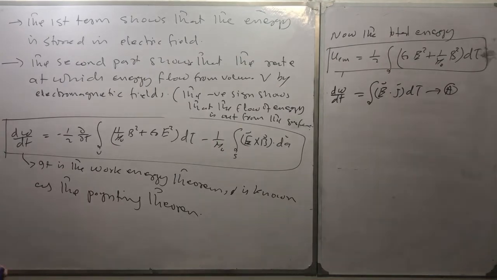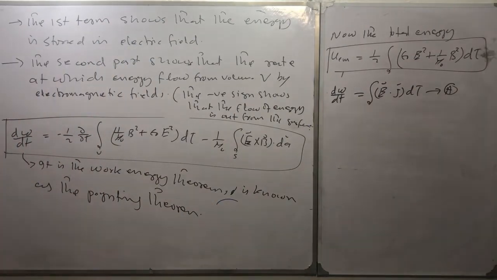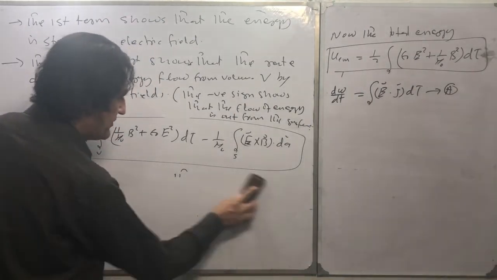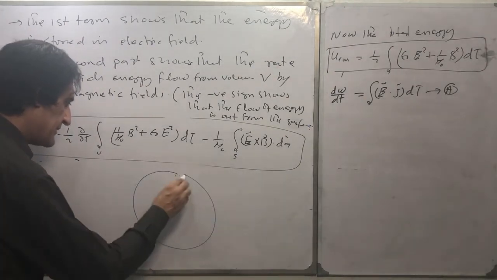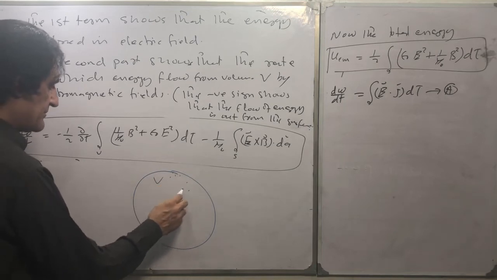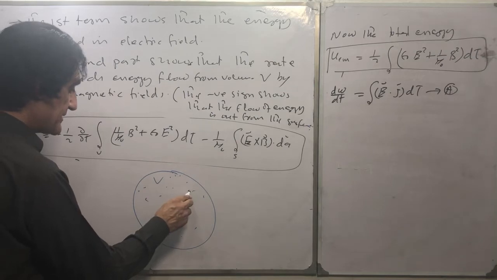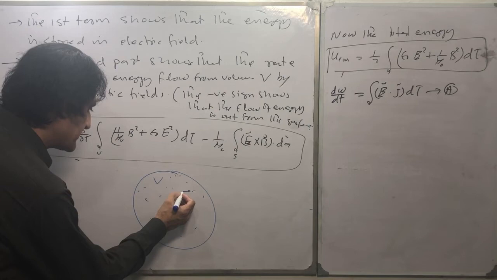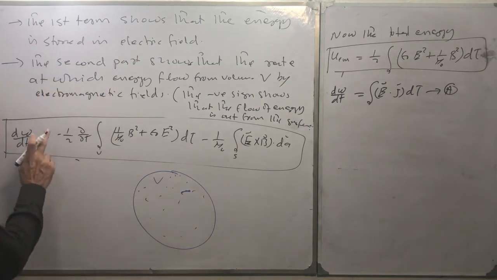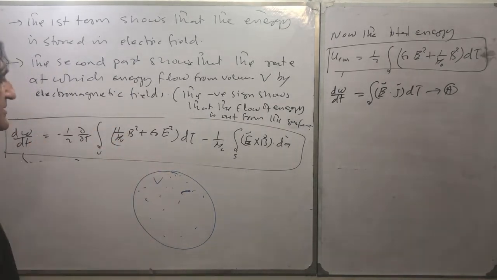Last time we discussed that we have some surface that has some volume V and there are some charges. When these charges start motion, then the energy decreases inside this volume.